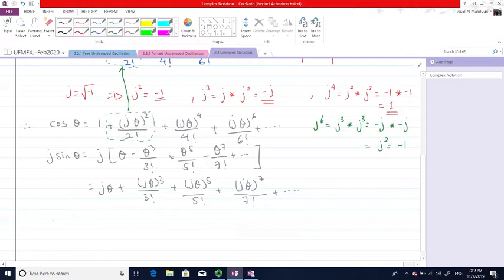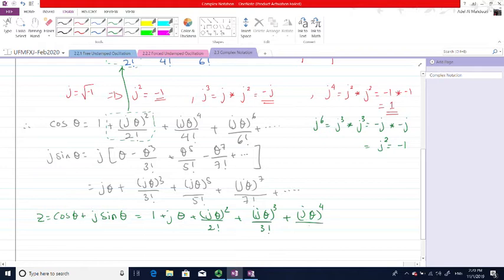So that means z, which is cosine theta plus j sine theta, will be 1 plus j theta, then plus j theta squared over 2 factorial, plus j theta to the power 3 over 3 factorial, plus j theta to the power 4 over 4 factorial, plus j theta to the power 5 over 5 factorial, and plus, plus, plus, and we continue all the way.